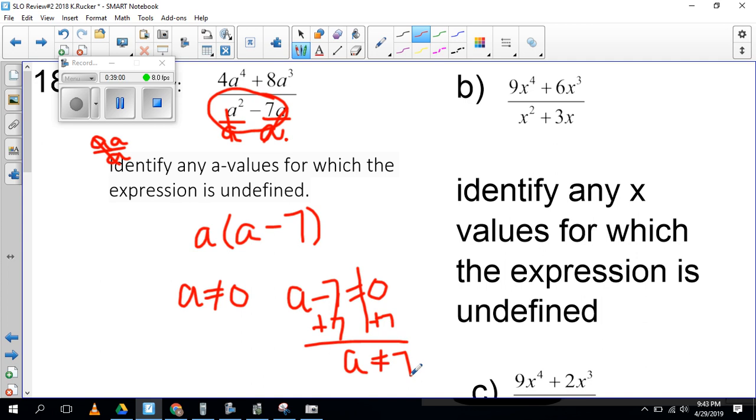So what does that mean? Let me show what undefined means. So I got A squared minus 7A. Just want to show you, if I plug in 0 for A, watch what I get. I'm going to show you on my calculator.